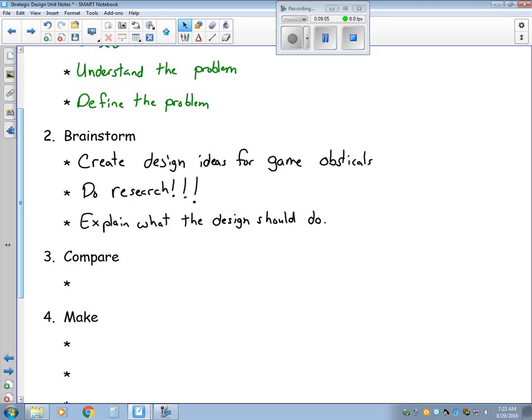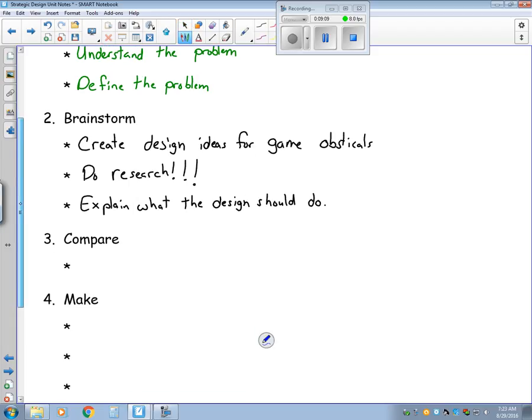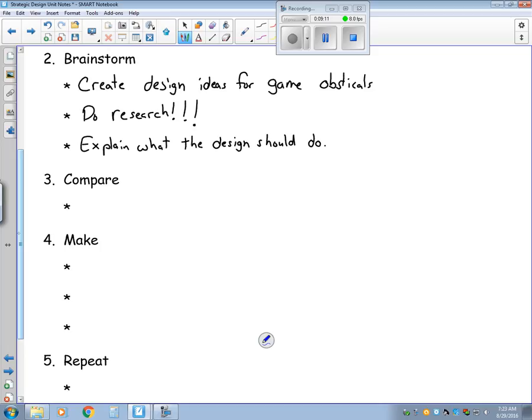The next step is to compare. So if everyone on your team is designing something similar, like if everyone's working on a drivetrain or if everyone's working on a lifting mechanism, get together with your team, compare notes, take a look at everyone's design, and then work with your team to choose the best design.